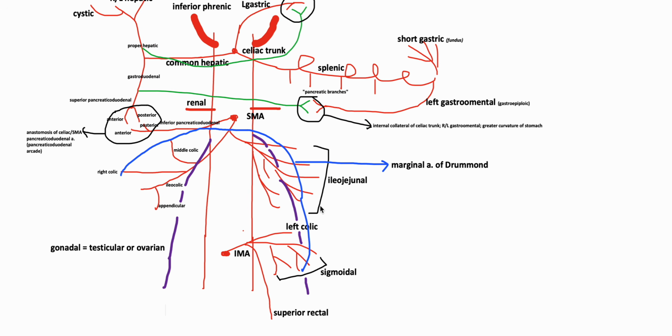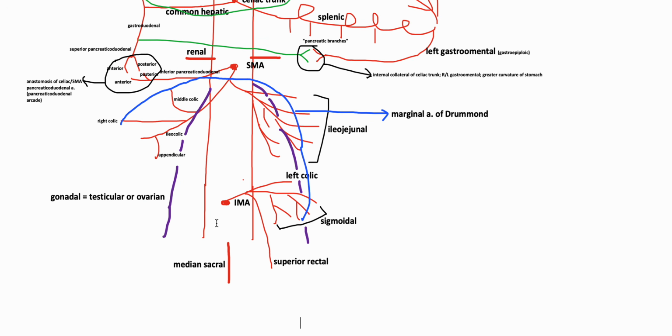All right. And then at the very distal segment of the abdominal aorta, there is sometimes a singular unpaired artery called the median sacral artery. So this is right at the bifurcation.